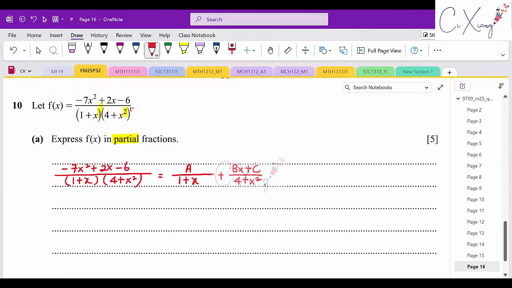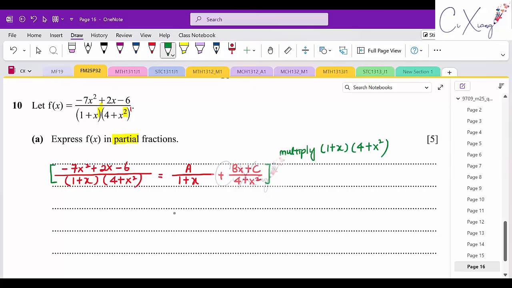To get the values for A, B, and C, I need to get rid of all the denominators first. So you multiply the whole equation by 1 plus x and also 4 plus x squared.